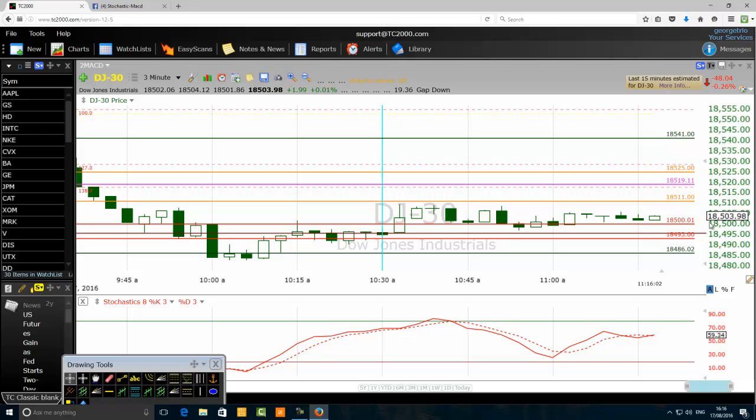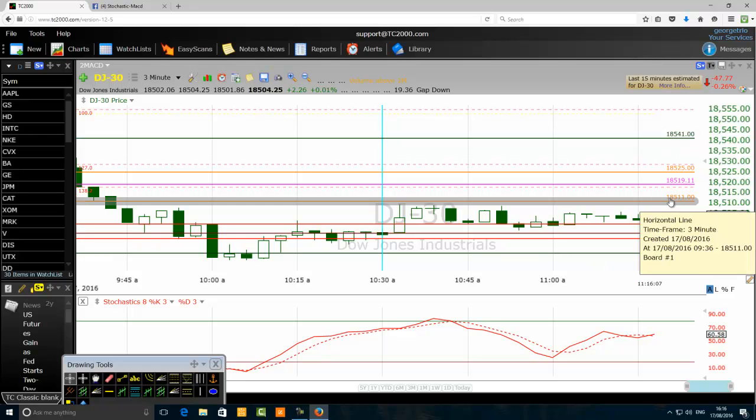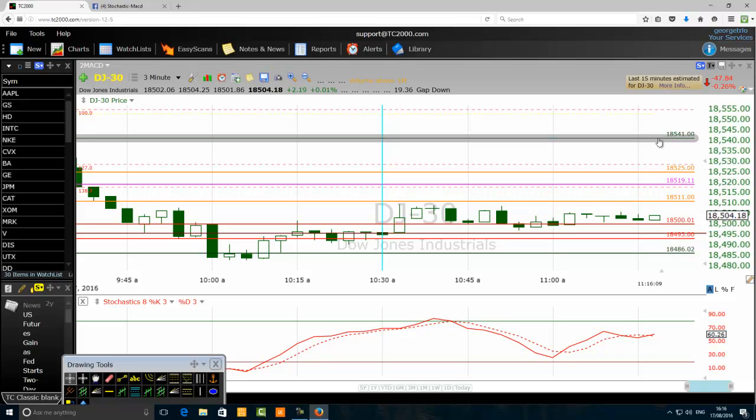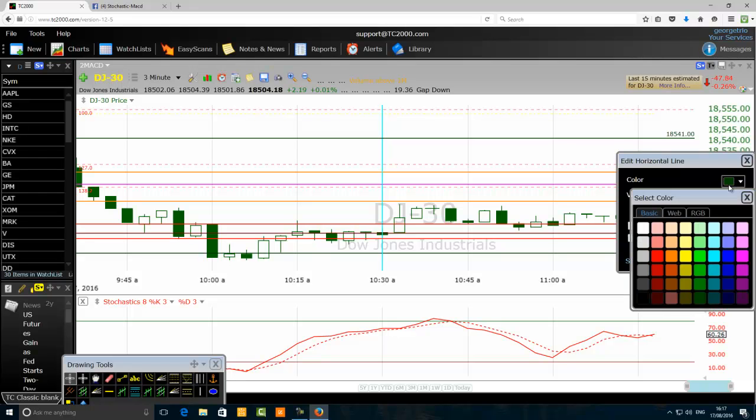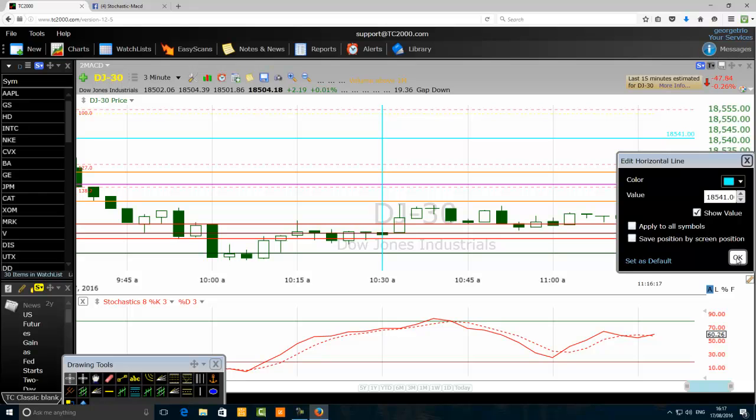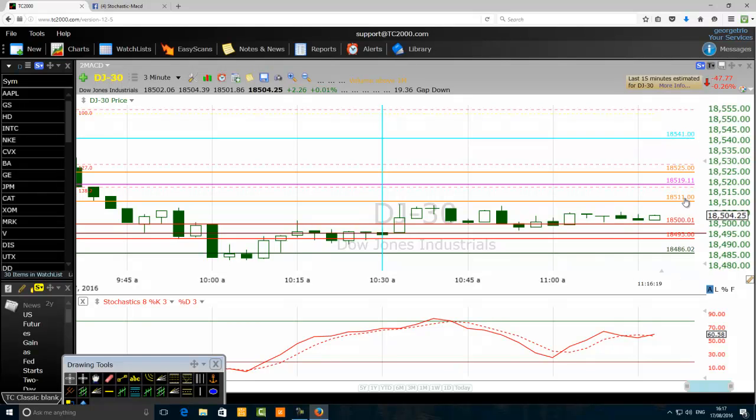So the profit target will be at 185.41, expecting 30 pips out of that trade. I color it in turquoise; that's my target for this trade.